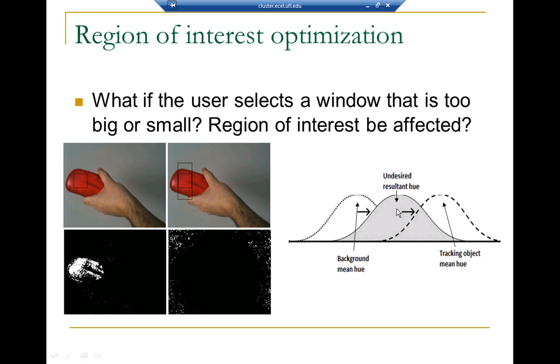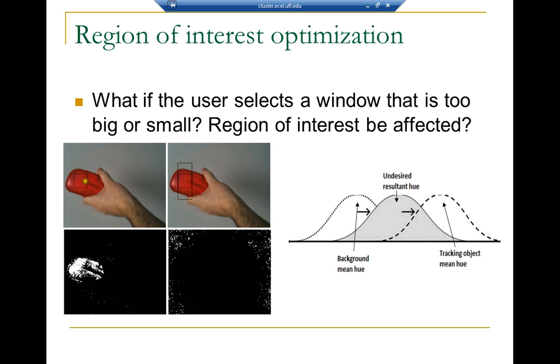But there's an issue on calculating the region of interest. I made an optimization about it because usually what is done is that the intensity of all the pixels within the region of interest is summed and divided by how many pixels.